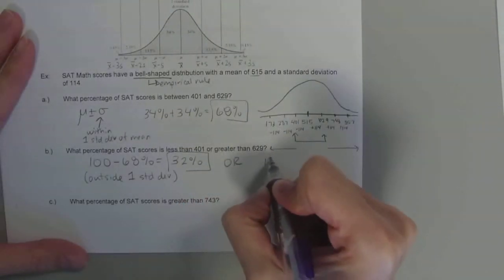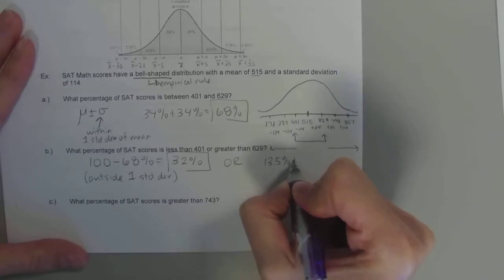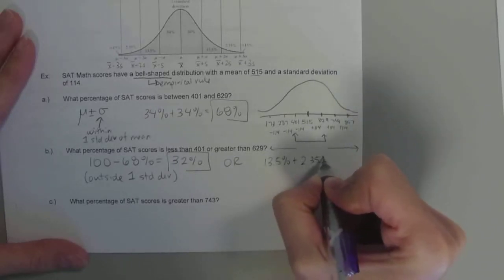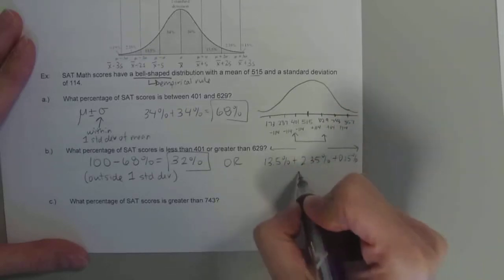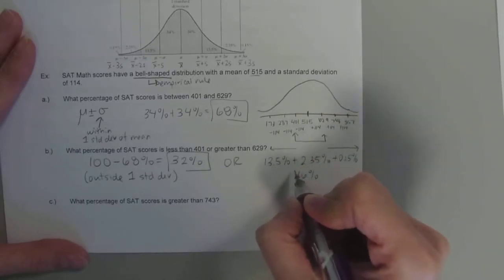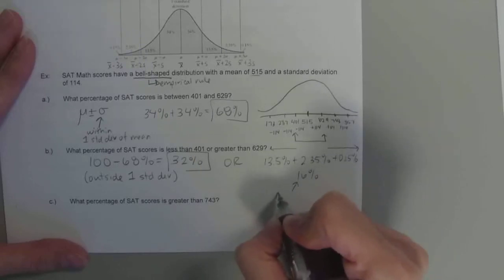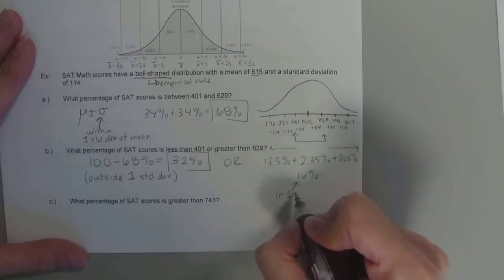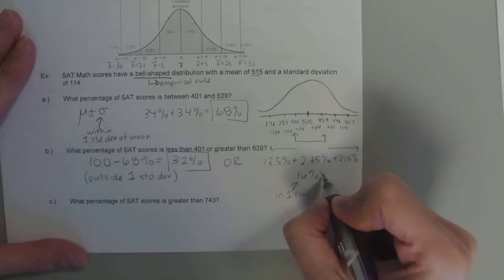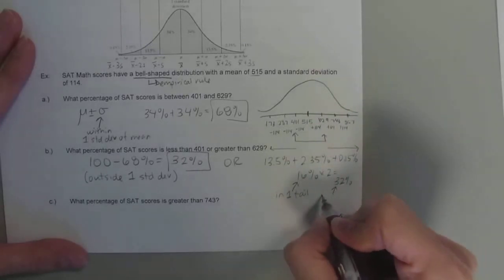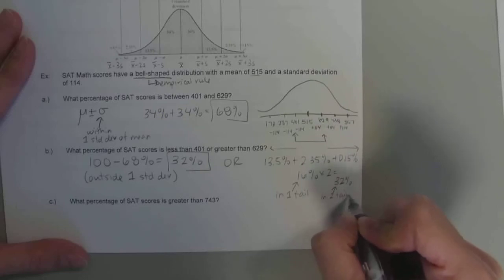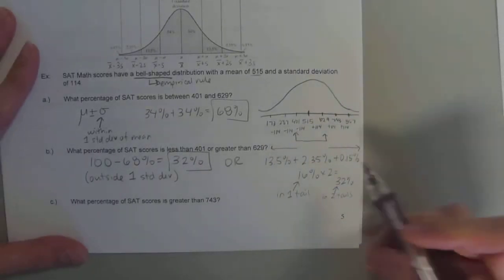Or we can add, what's that going to be? 13.5% plus 2.35% plus 0.15% and get 16% in 1 tail. So times 2 is 32% in 2 tails.